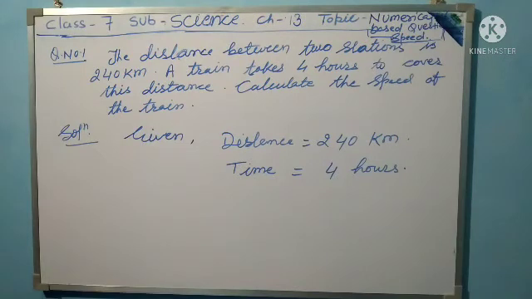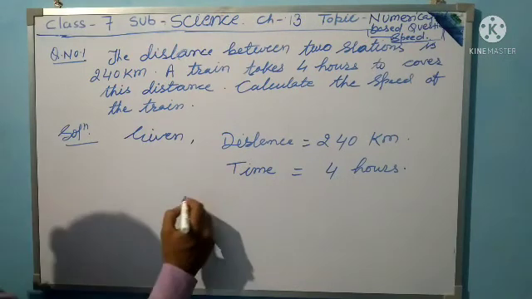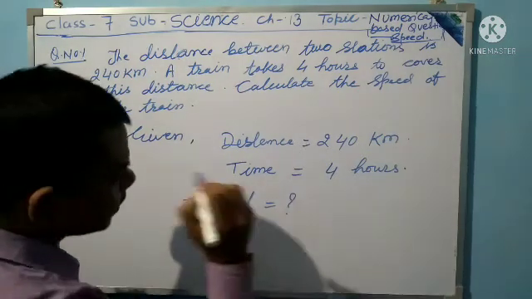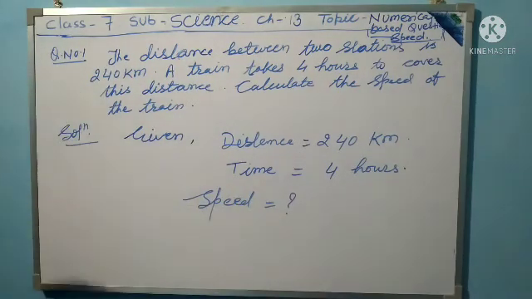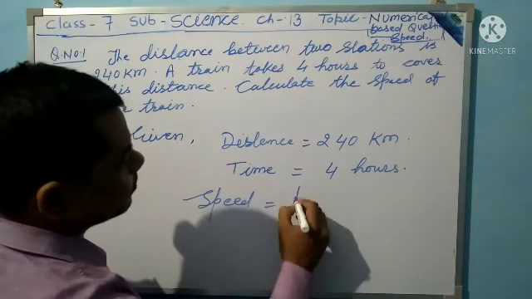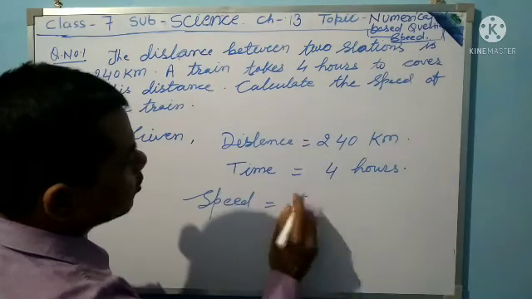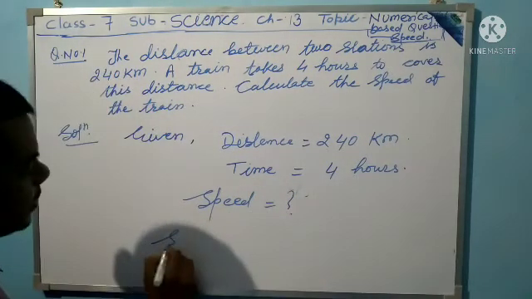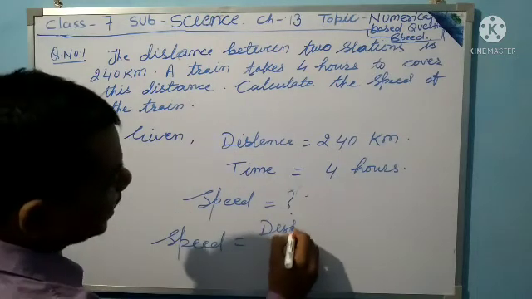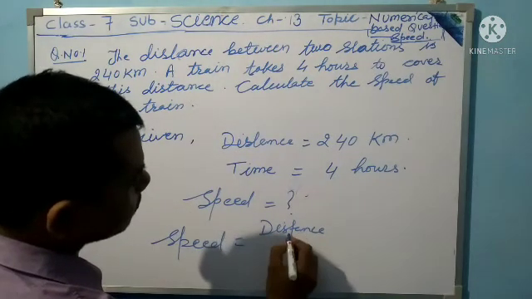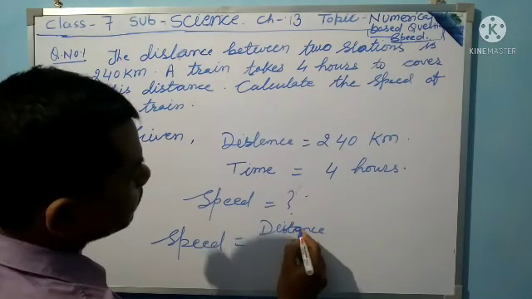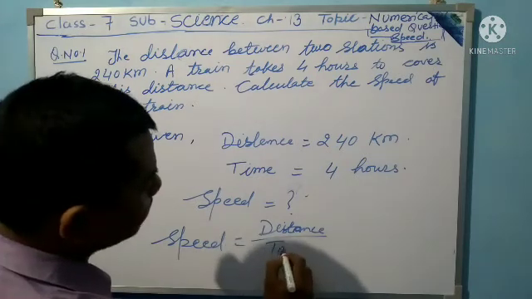So, calculate the speed. Speed is equal to what? We know that the formula of speed is distance by time.